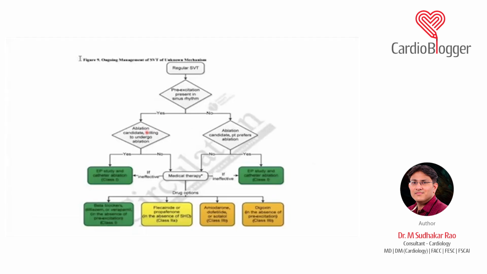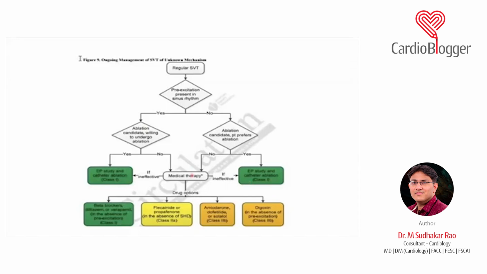People who have even one episode of SVT will benefit from catheter ablation, because lifelong you do not have to give drugs to those patients. Suppose the patient is not willing for ablation, then we have to try medical management.